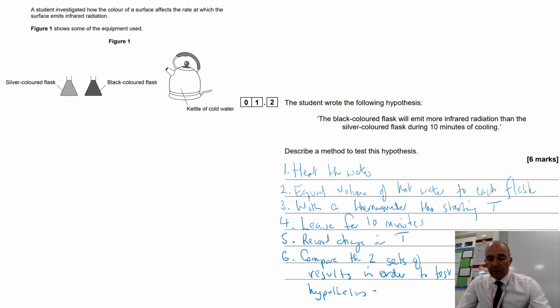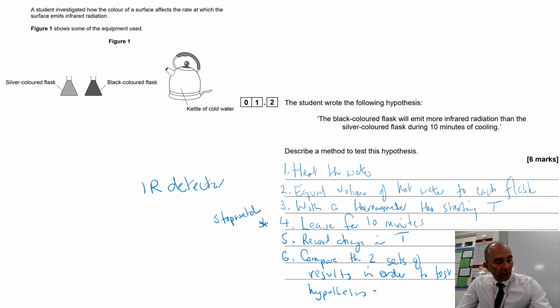Now, when we talked about leaving the flasks for 10 minutes, you could talk about using a stop clock or a stopwatch for timing, if you just want that bit of completeness. The other way you could do this is, rather than using a thermometer to record the temperature, you could use an infrared detector placed at equal distances from each of the two flasks.